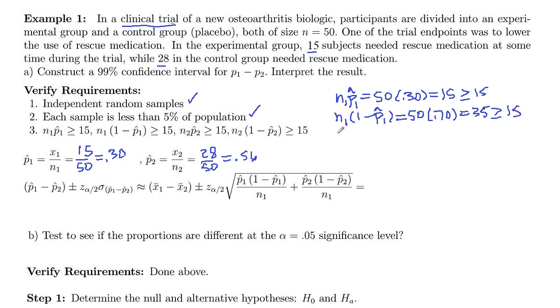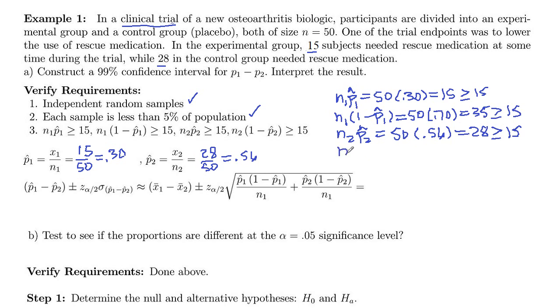And then the same thing for the second population. N2 P2 hat is going to be 50 times 0.56, and that's 28, which is greater than or equal to 15.